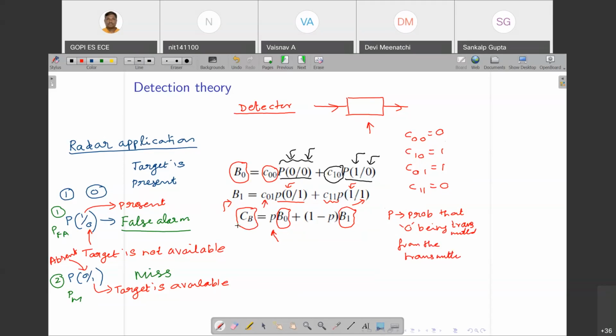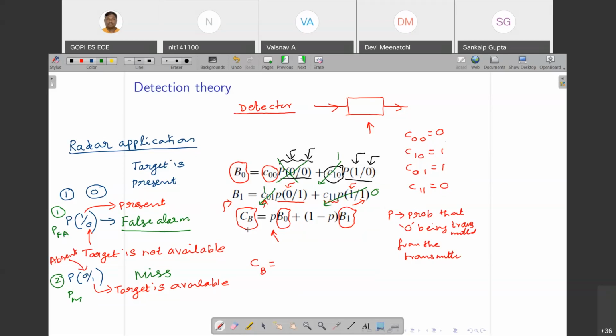So now we can, of course, expand it after substituting the cost function values. This value is also here. C00 I am going to remove completely because it is 0, and this one I am going to replace with 1, and this one with 1, and this one fully with 0.